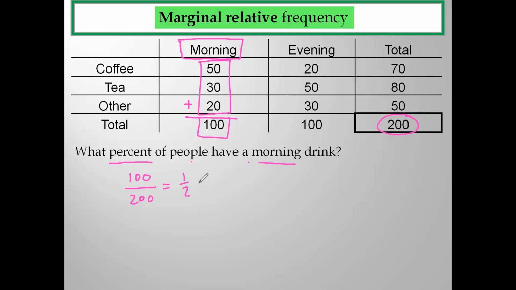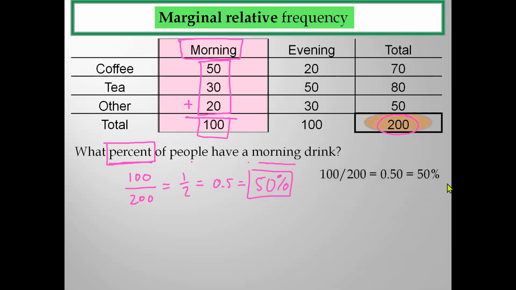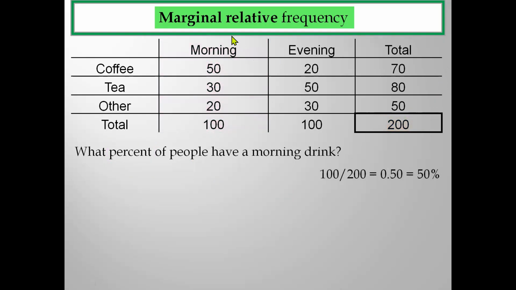This simplifies to 1/2, or 0.5, or 50%. Since they're asking for the answer in a percentage, we want to end our answer as a percentage. So again, we're looking at the marginal frequency for morning, which is 100, divided by the total, which gives us 50%.